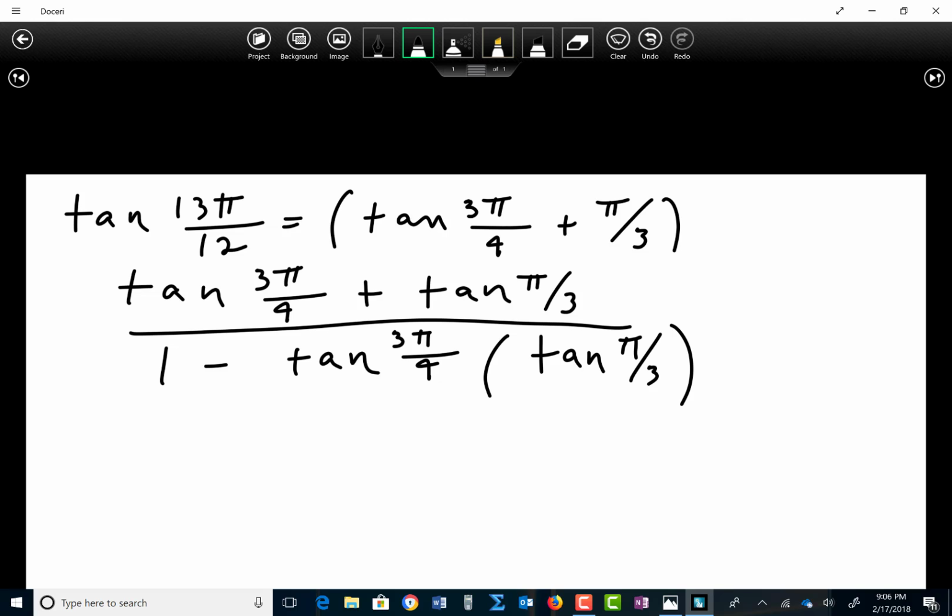So you need to pull those things from your unit circle. So we've got everything plugged in there.